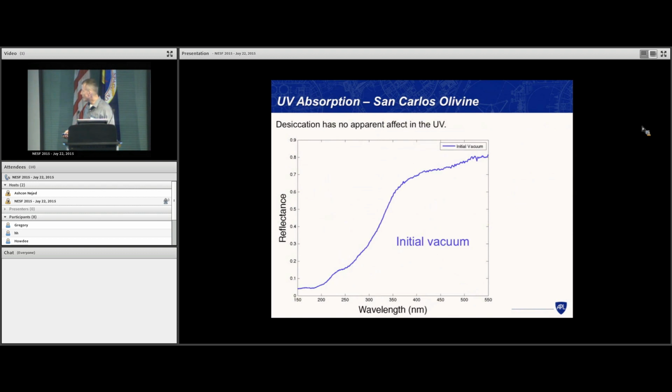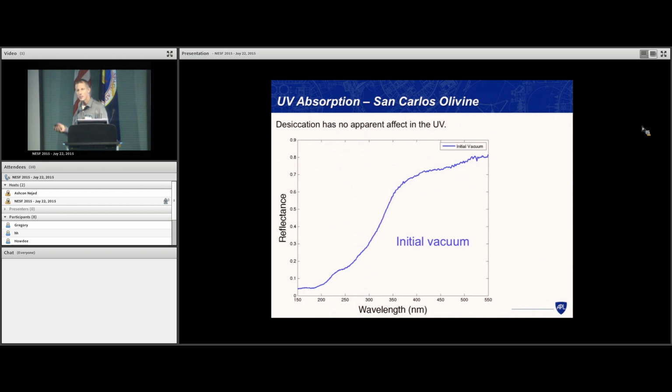However, in the infrared, what we have for olivine, again San Carlos olivine, it is iron poor, so it does not have a strong OMCT band here. It has a typical band here that dies off there. This is the initial vacuum, so most or all of the H2O is already gone.